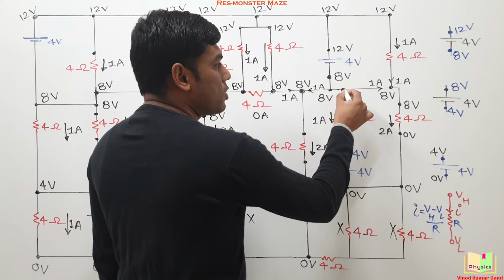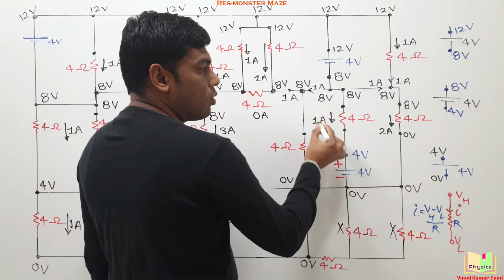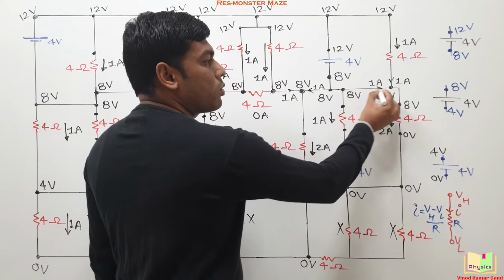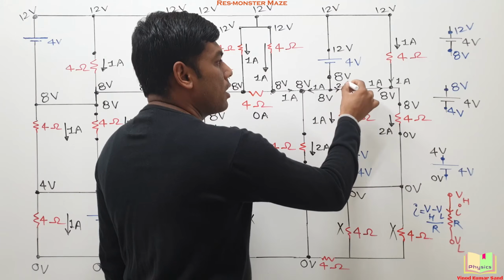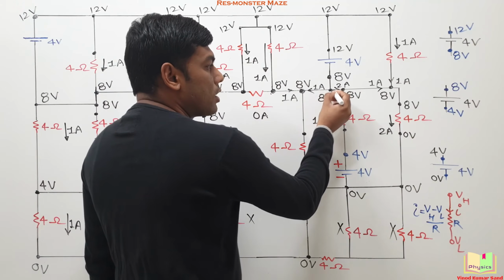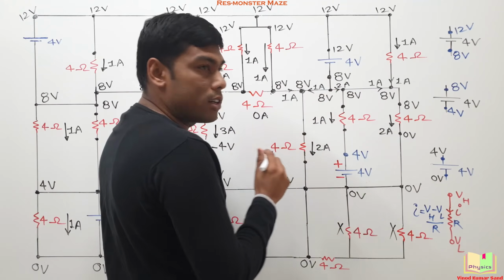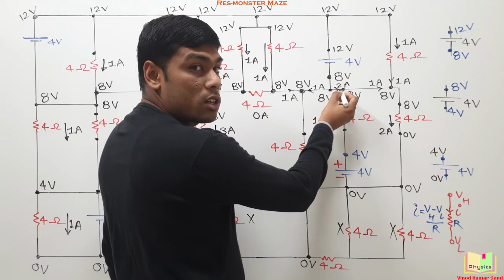Now checking for this junction. For this junction the outgoing here is 1 ampere and this outgoing is 1 ampere. It means this current must be 2 ampere. Do you agree? Now for this junction, if we apply Kirchhoff's current law again, this outgoing is 1 ampere, this outgoing is 2 ampere.